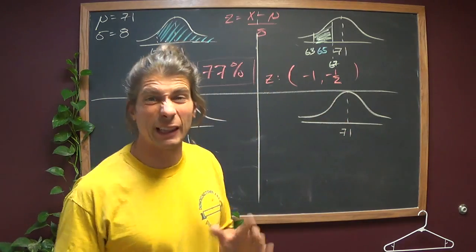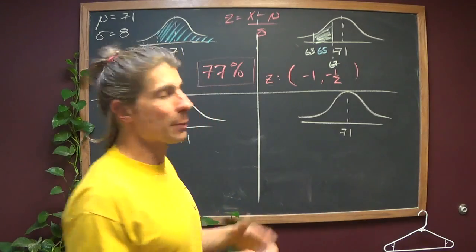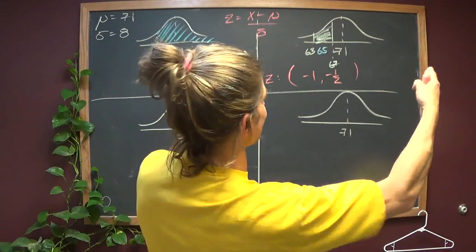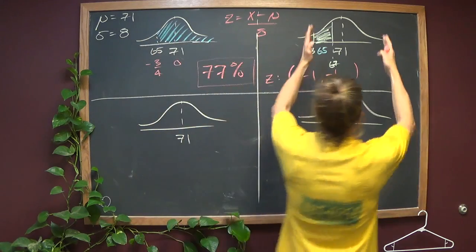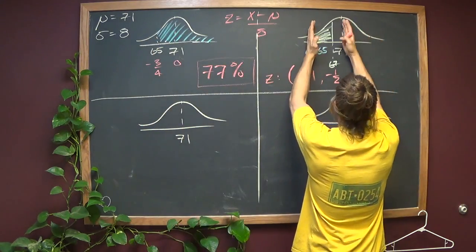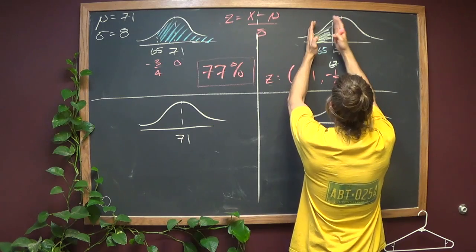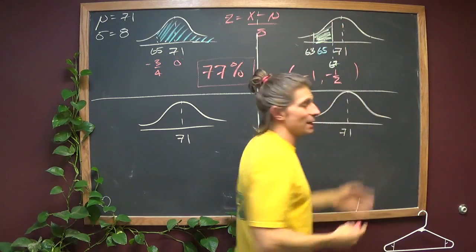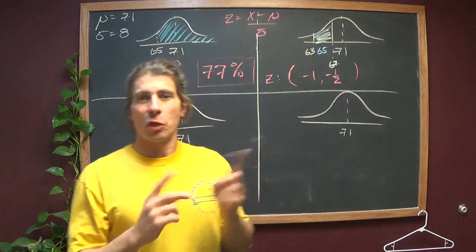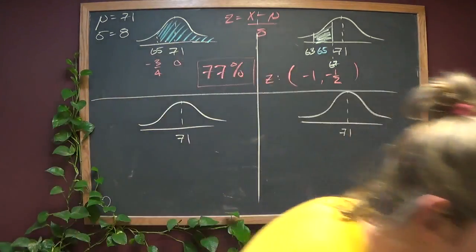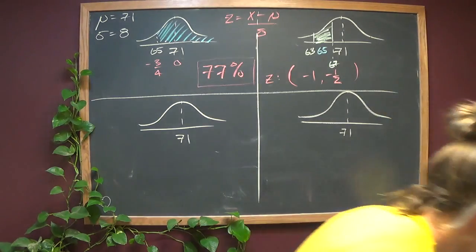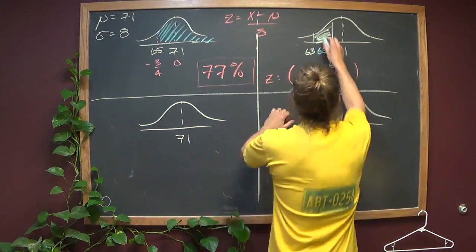So these are your 2 z-scores, -1 and -1/2, and you want to figure out what area is between them. Now you might remember from 243 that -1 to +1 is 68%. It might be tempting to say, okay, there's 68%, that means this is 34%, that means this has to be half of that at 17%, but it doesn't work that way because the 2 areas aren't equal when you split the z-scores in half. This area comes out to be 20%.